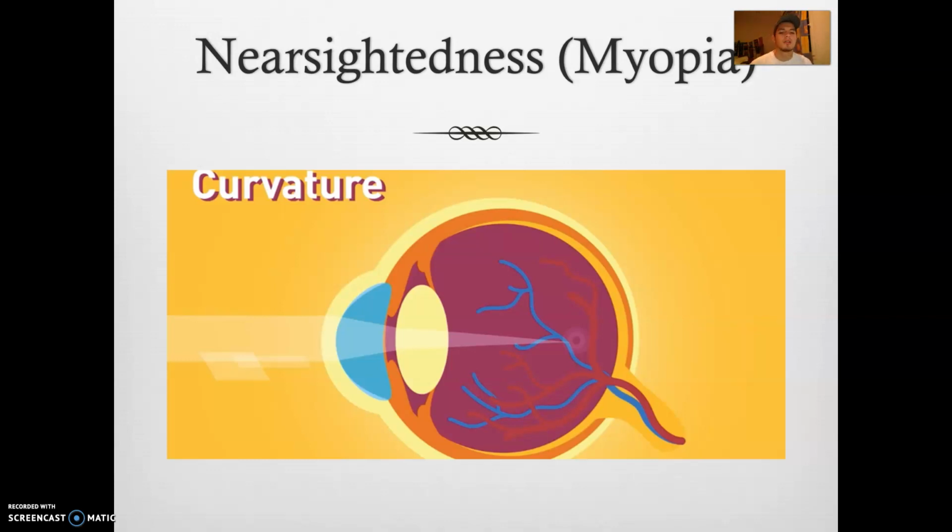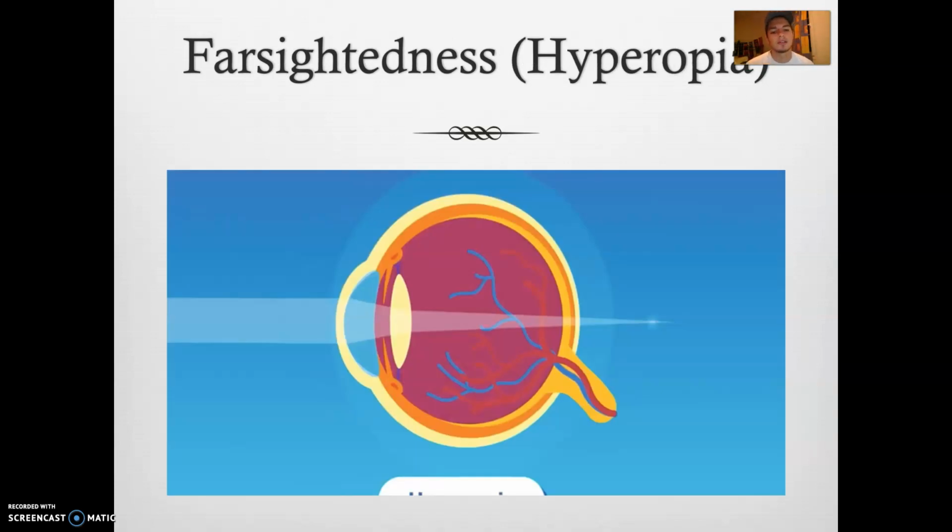Next, we're going to talk about farsightedness, which is the opposite. This is due to the light image being focused in such a way that it goes even further behind the retina, where light is supposed to reach. So images are out of focus.